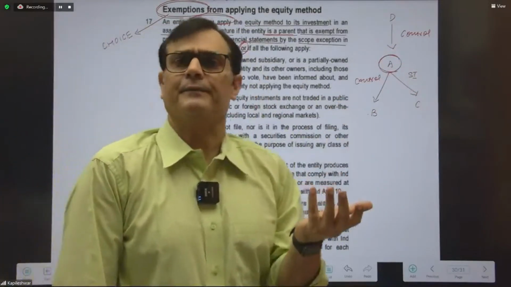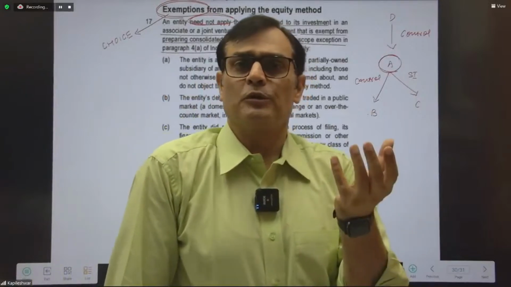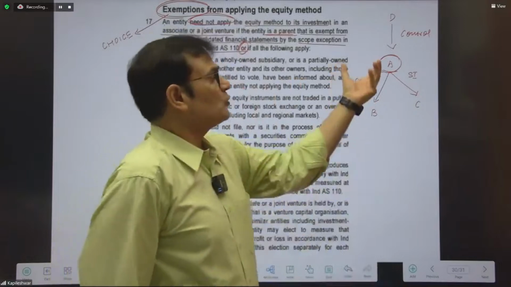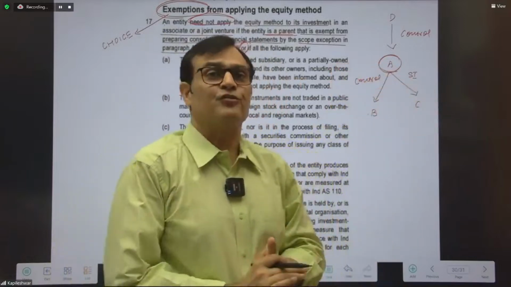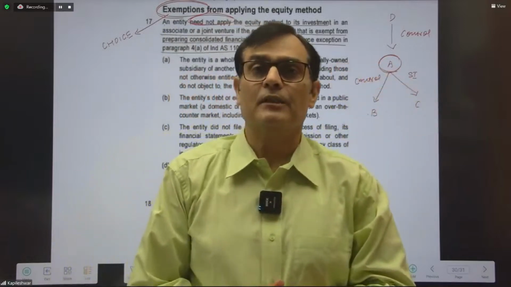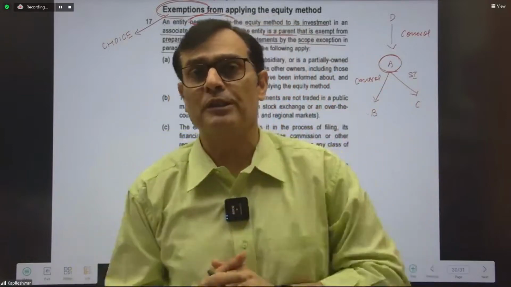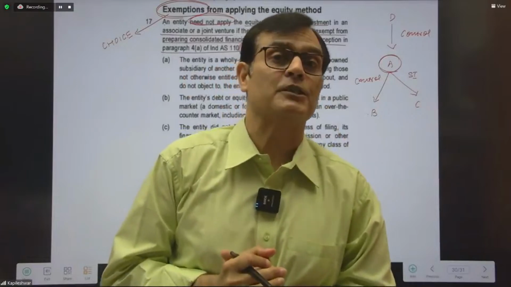I hope that's pretty clear. You don't need to consolidate a subsidiary by virtue of 110. You will also not be required to apply the equity method to the associate under para number 17. So if you get exemption under 110, automatic exemption is available under Ind AS 28 as well.